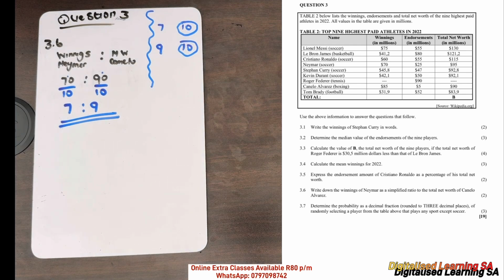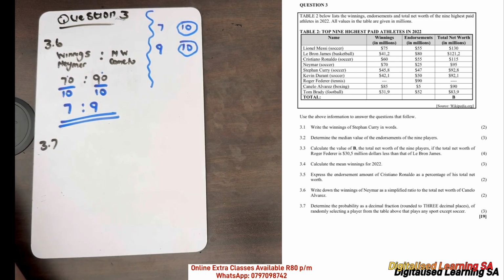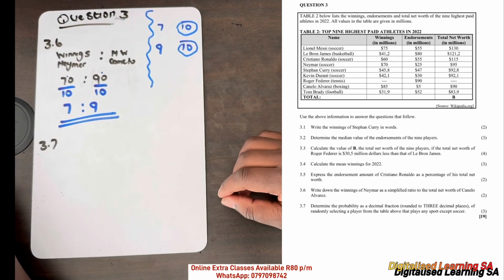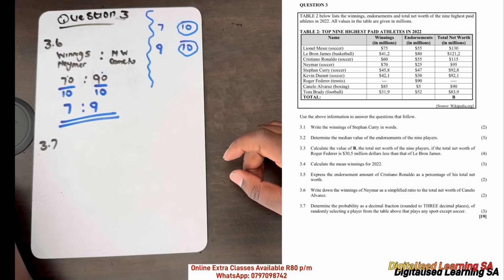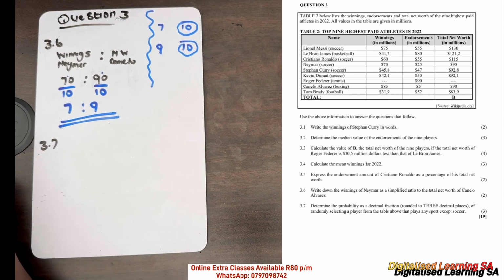So now let's move to the next question, which is question 3.7. This is the last question. It says determine the probability as a decimal fraction rounded to 3 decimal places of randomly selecting a player from the table above that plays any sport except soccer.